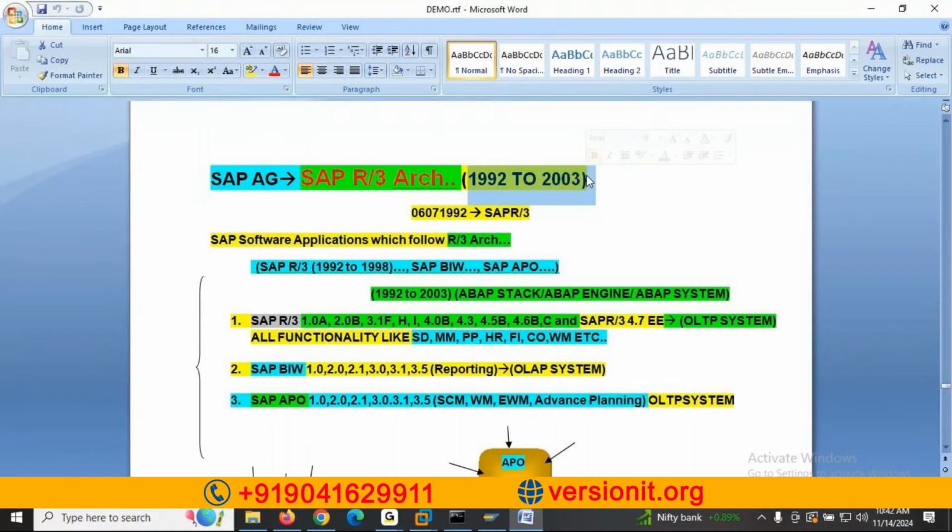So guys, what is that architecture? You can write down one more statement.